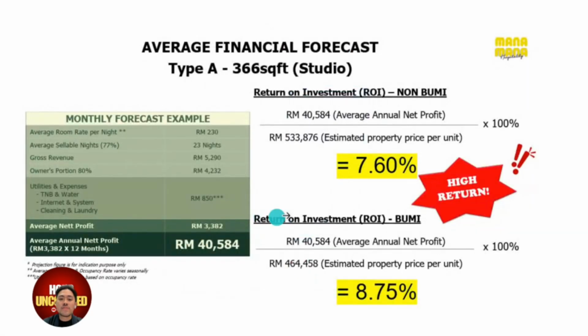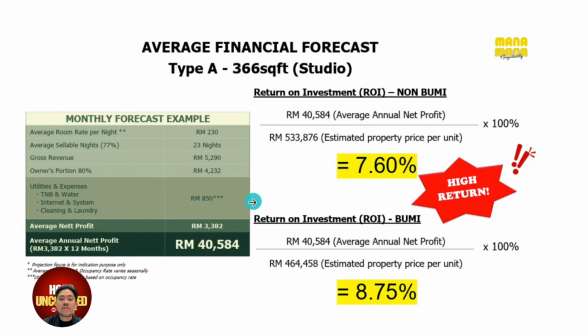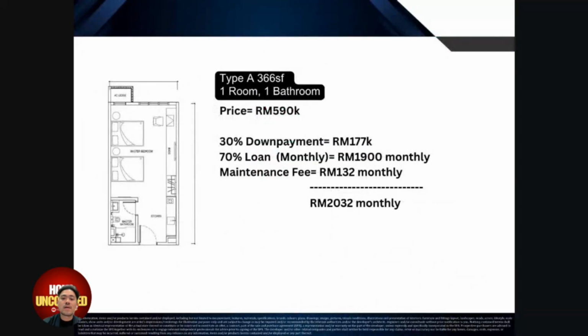With that estimation, the studio, based on my estimation, every month can generate 3,003. This 3,003 is after deducting the utilities and after deducting the profit sharing. So if you compare with the monthly outflow of 2,000, you still can get about 1,000 plus per month.